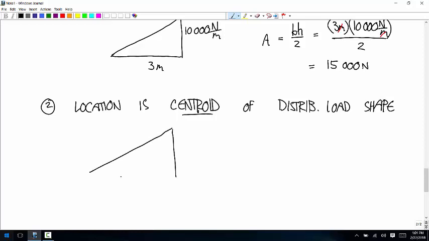For a triangle, if the length is 3 meters and the height is 10,000 newtons per meter, the centroid is over here somewhere. And that's 1/3 of 3 meters from the right side, from the wall side. So this distance is 1 meter. This distance is 2 meters.